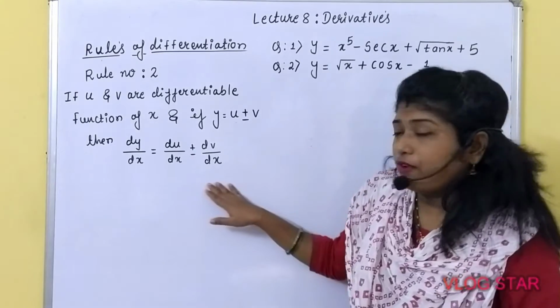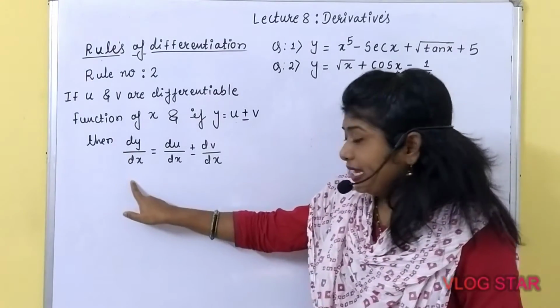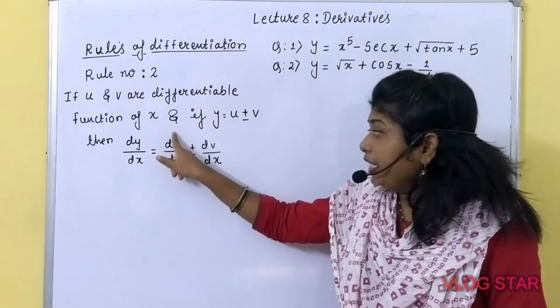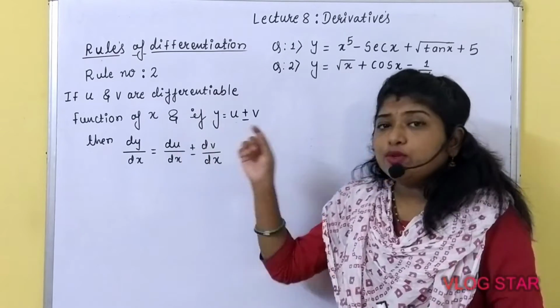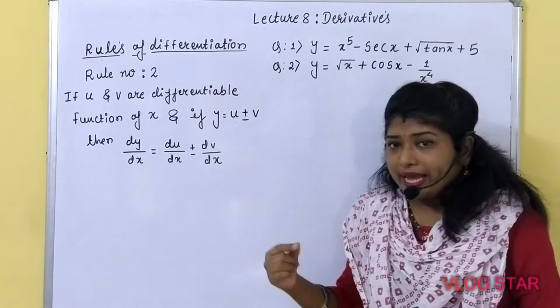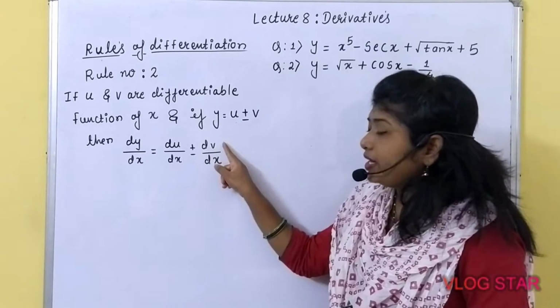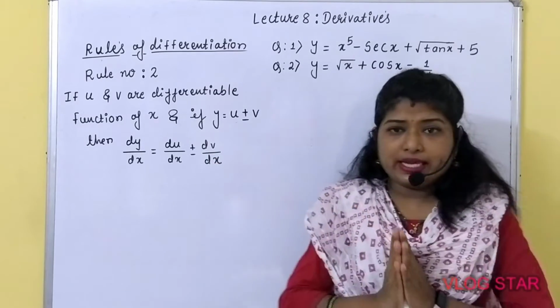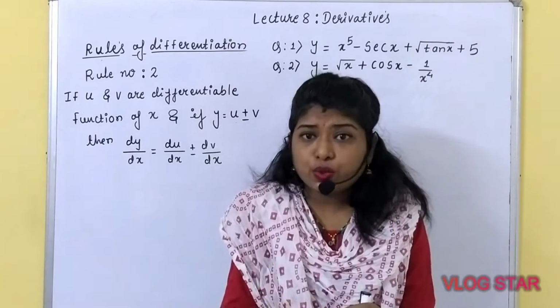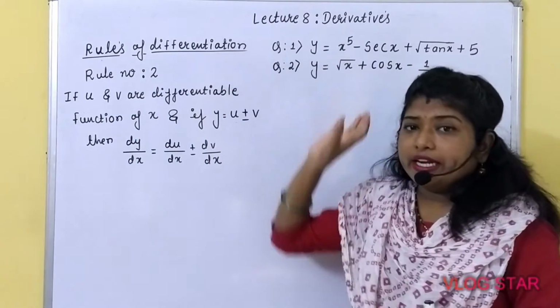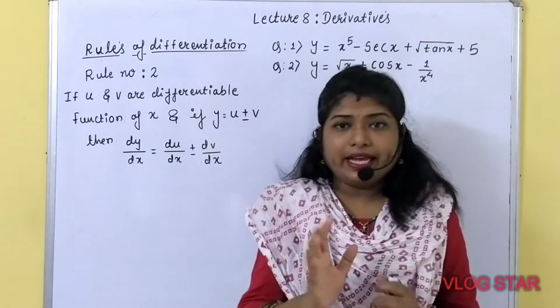By using this formula: dy by dx is equal to du by dx, that is the derivative of u with respect to x, plus or minus the derivative of v with respect to x. I hope you have understood rule number 2 under differentiation.